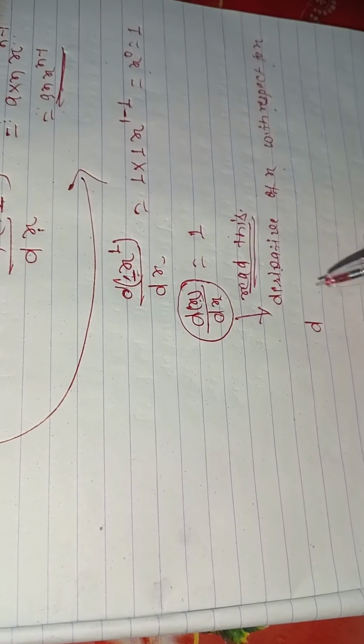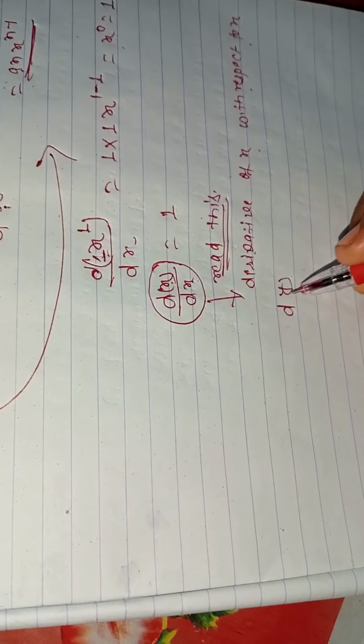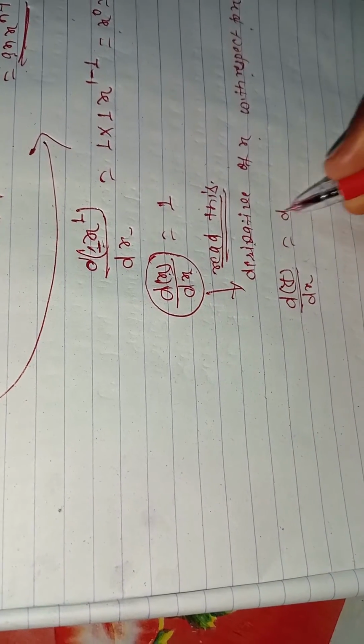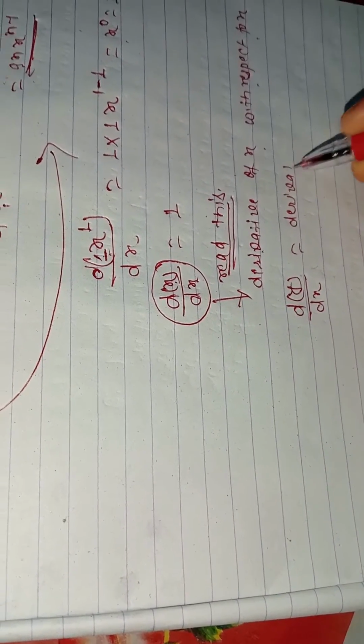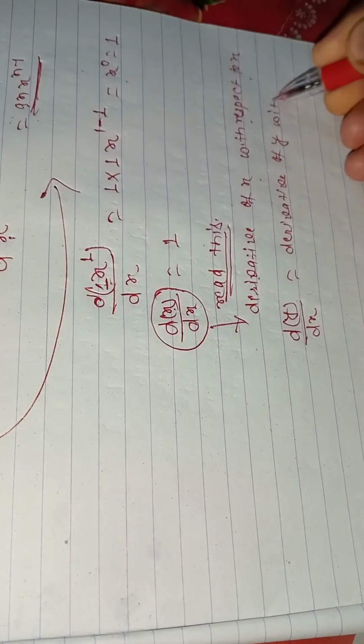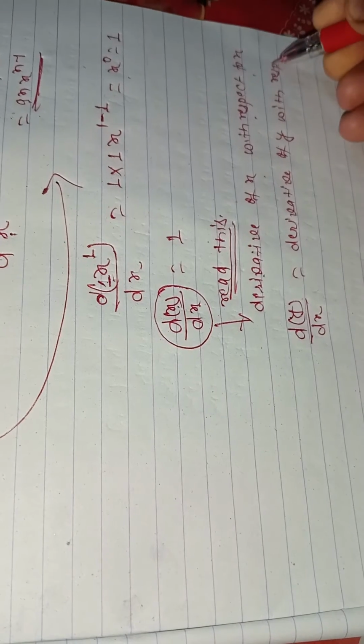If here is dy by dx, what does it mean? It means the derivative of y with respect to x.